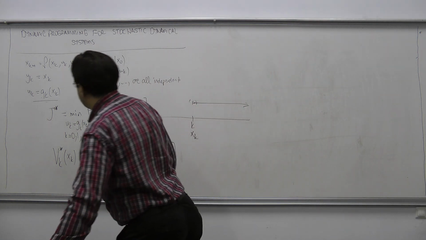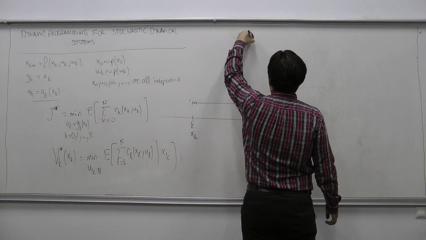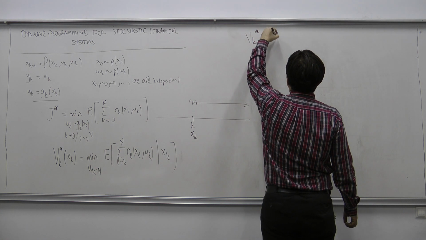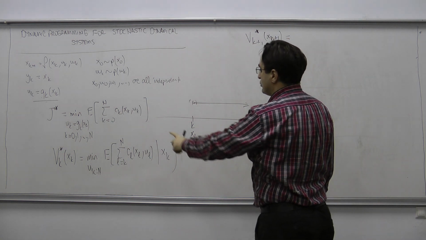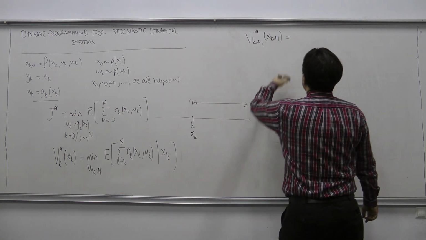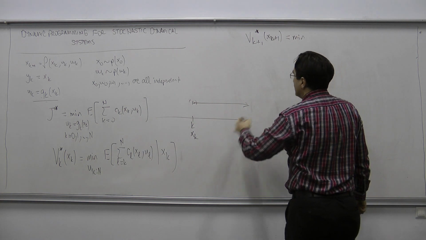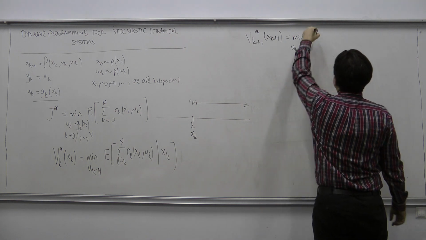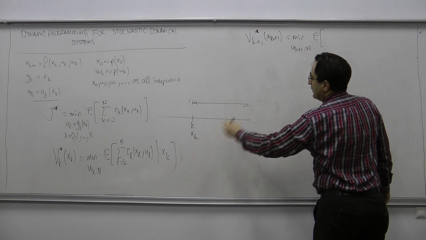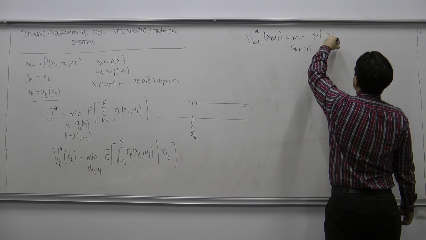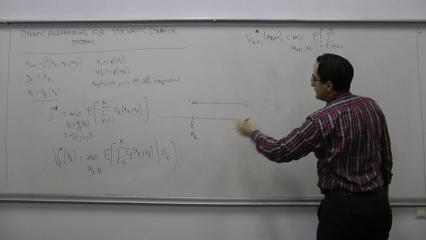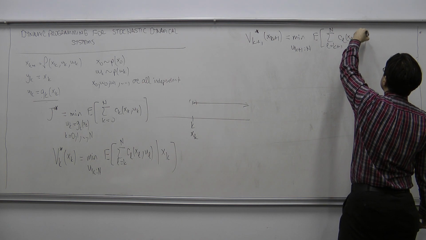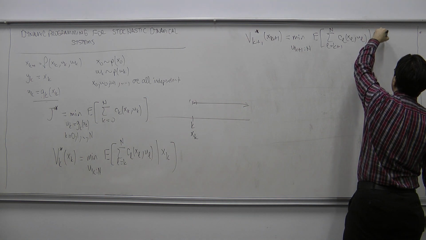Suppose that I know this Vk+1 star. Vk+1 star of xk+1 is the optimal cost to go for time k+1. Okay? This is going to be the minimization over uk+1 to un, and I would have the expected value of the sum over L from k+1 to n of cL(xL, uL), given xk+1.